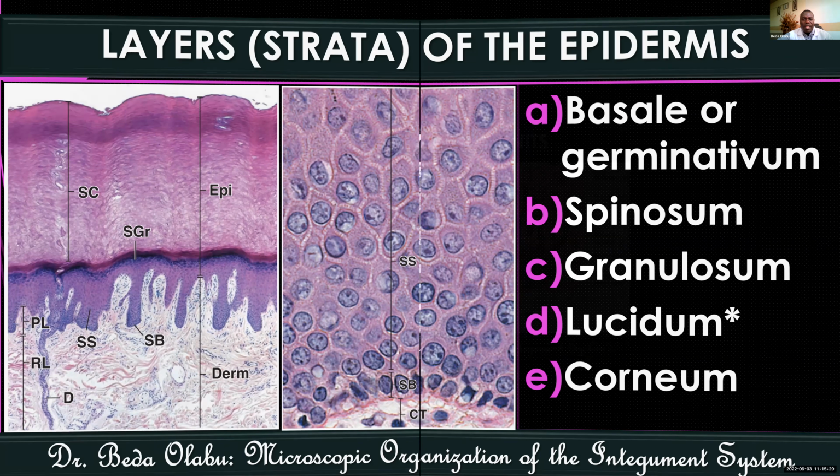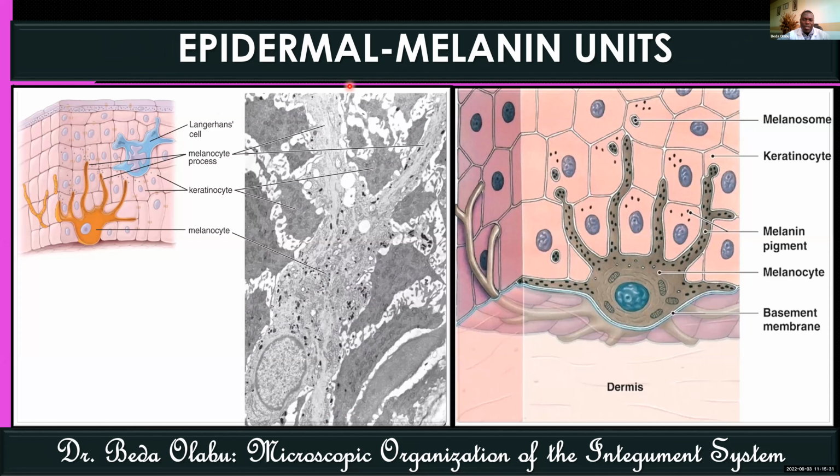Also, remember that there's something called epidermal melanin units, which refer to one melanocyte with all the keratinocytes that the melanocyte distributes its pigments to. So the concept here is that we have melanocytes usually on the stratum basale, but they have projections or processes that distribute the melanin pigment that they produce to the various keratinocytes around them.